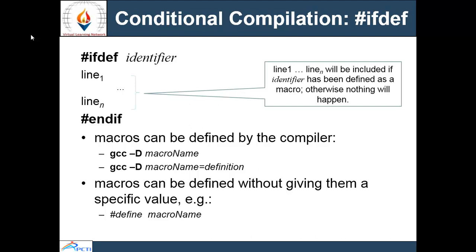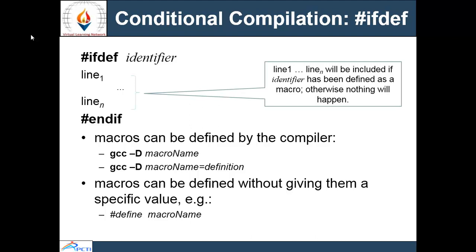Conditional compilation, hash ifdef. The preprocessor has a conditional statement similar to C's if else. It can be used to selectively include statements in the program. For example, if we apply the condition similarly to the if statement, if the condition is true, then the statement will be executed.